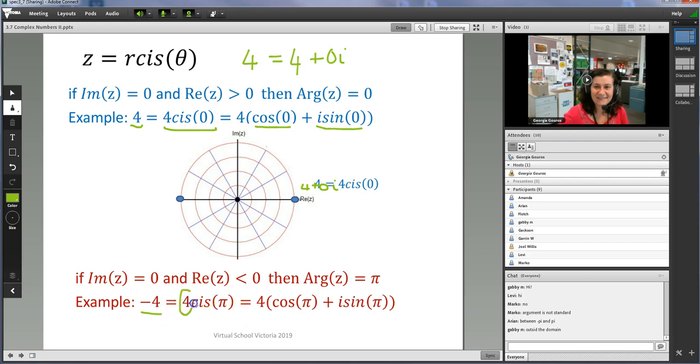Notice that this modulus is always positive because that's always the distance from the origin. The only way you can get a negative number in this way is to adjust the argument. Does that make sense? So we've got negative 4 here plus 0i, and negative 4 is equal to 4 cis of pi. Show that to your methods friends. They'll be totally confused.